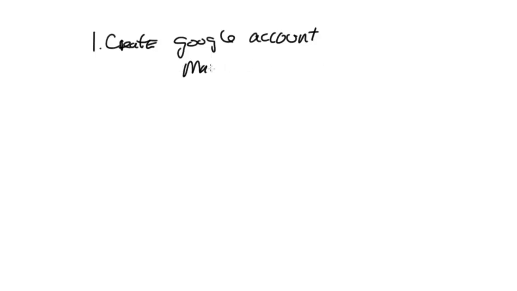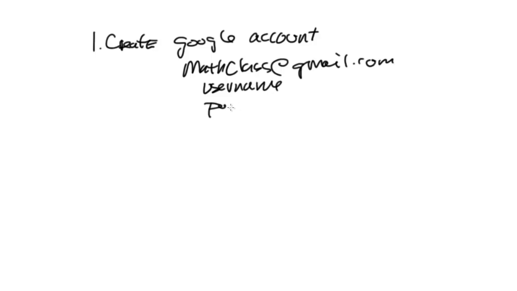So maybe math class or whatever. And give it a username, so it'd be at gmail.com, and then you're going to give it some password. And then you share this information here with your friends.